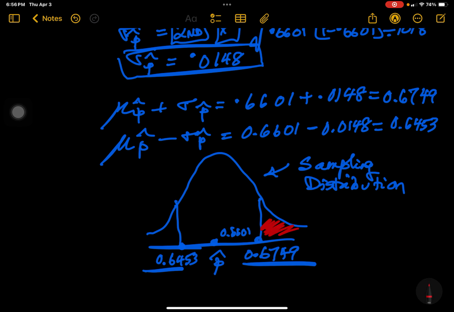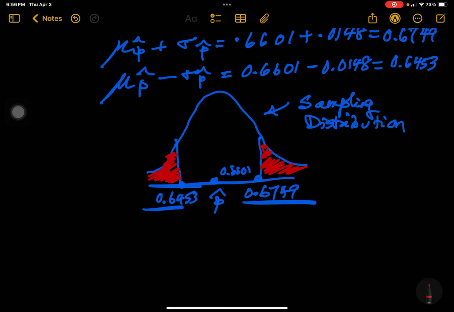So we have to find this area, the probability that p hat is greater than 0.6749, and also the probability that p hat is less than 0.6453. So basically we have to find the probability that p hat is greater than 0.6749 or p hat is less than 0.6453.